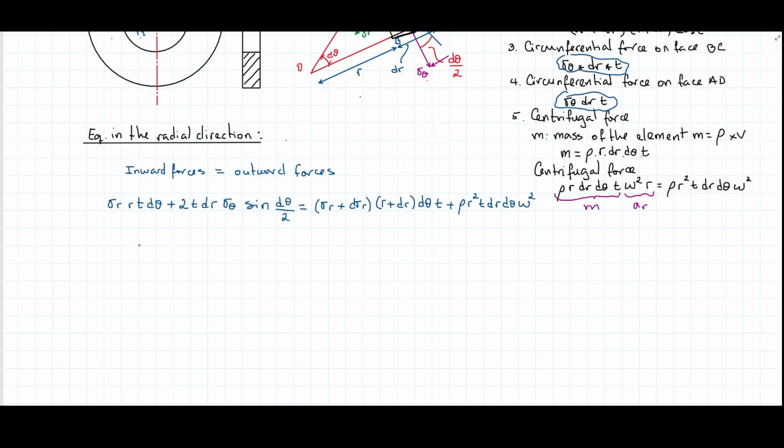Let's continue. The first change we're going to make is to take a look at the sine of this differential angle divided by 2. As that differential angle is very small, I can get rid of the trigonometric function and say that the sine of this angle divided by 2 is equal to the angle itself, because that angle is pretty small.